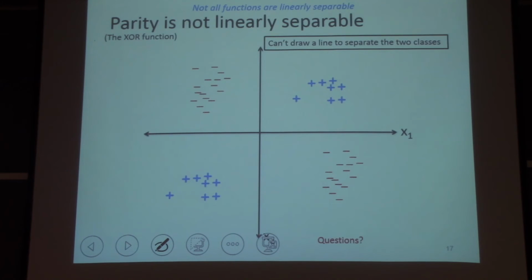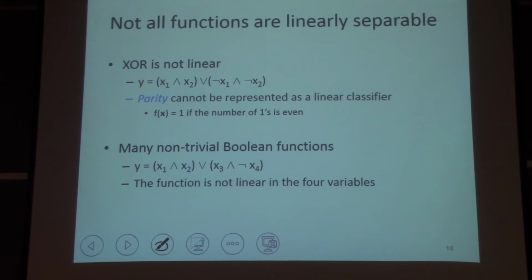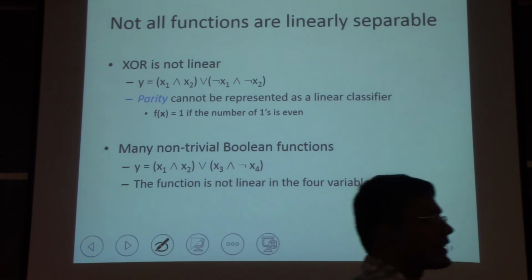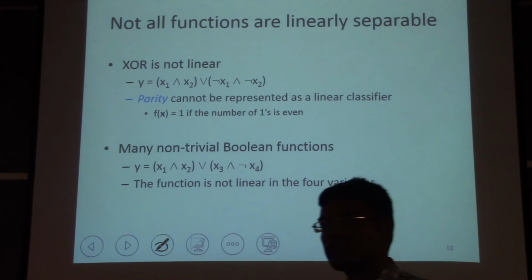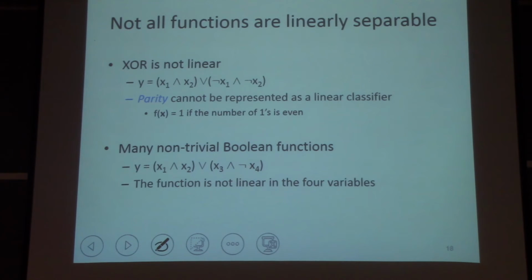In fact, XOR is like the prototypical example for many things that are impossible. I hope you've seen XOR in some other capacity. Another way of thinking of parity is the function that says true if there are an even number of trues in the input, and false otherwise. That's not linearly separable.